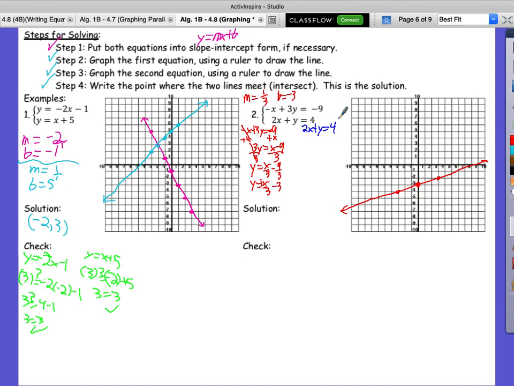What did I do wrong? So you go down. Doesn't negative 2 over 1 go with b?